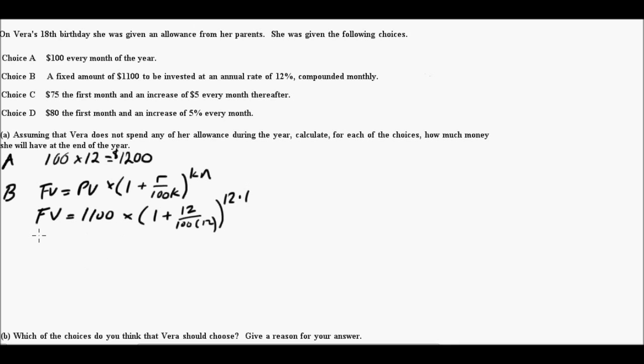If you were to simplify this, you would get 1,100 times, what's that? 12 over 1,200 is 0.01, so plus 1. So if you do all that in the brackets, you're going to get 1.01 raised to the 12th power.